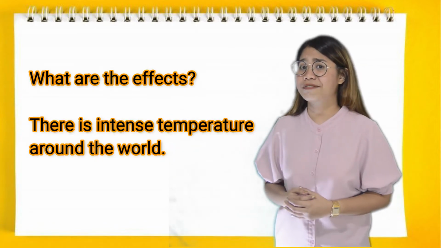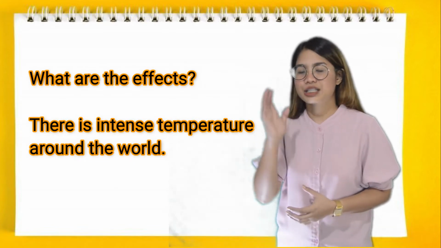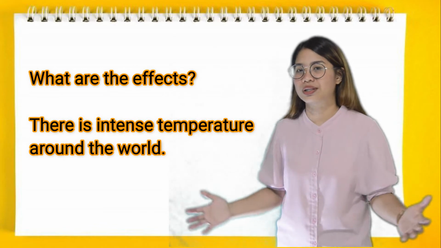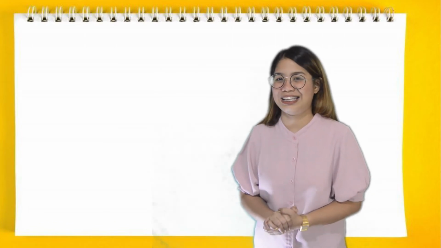That's one cause. What are the effects? One is that there is intense temperature around the world. That's a possible effect. Meaning, a cause is why something happens, and effect is what happens. Together, they can be used as a pattern of development in writing.